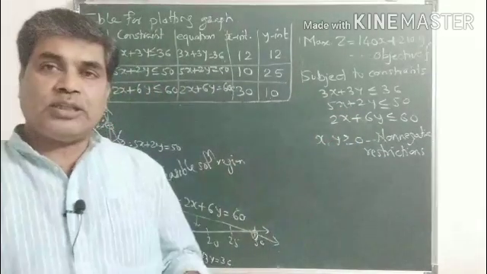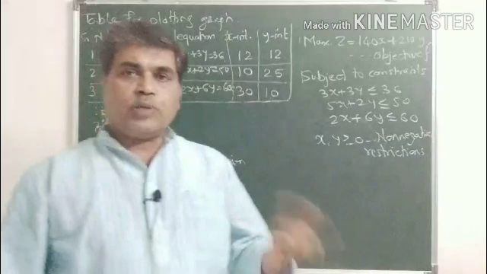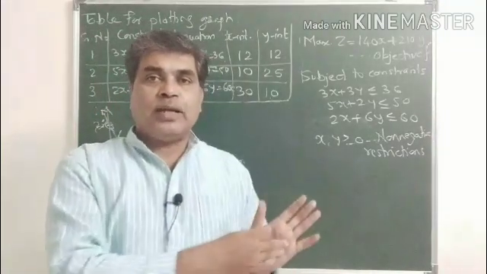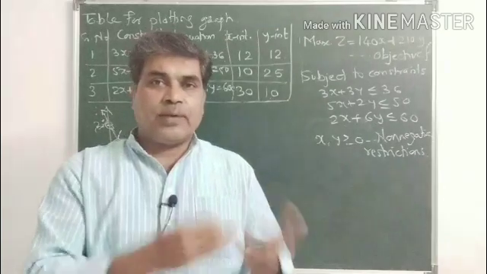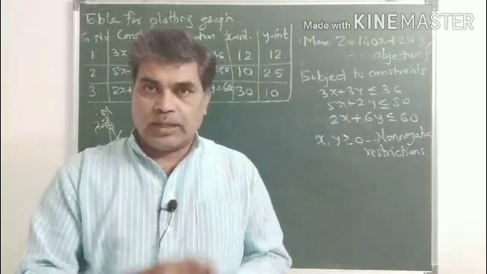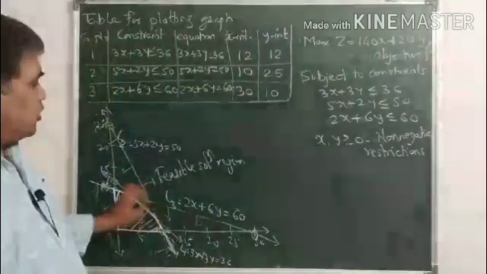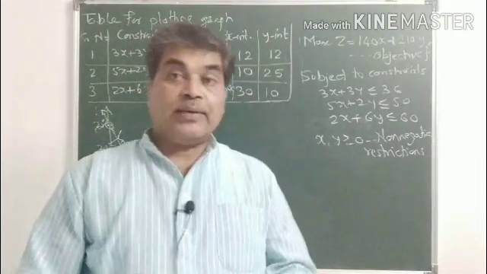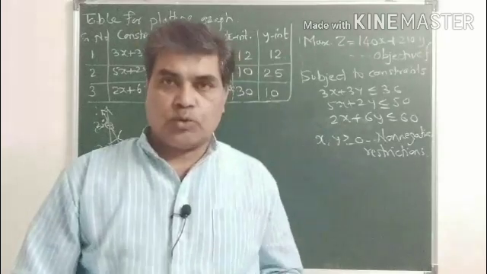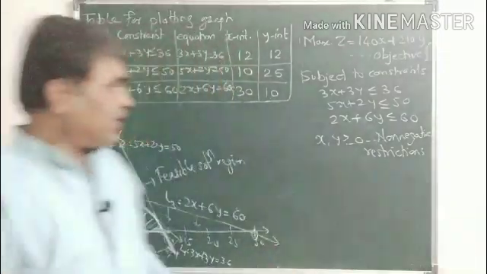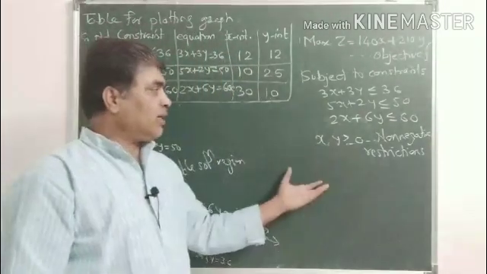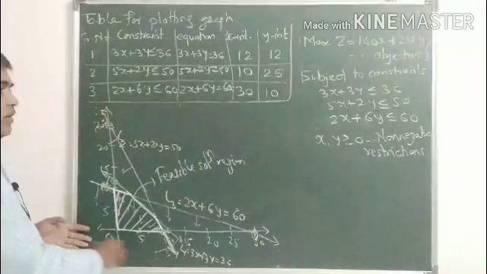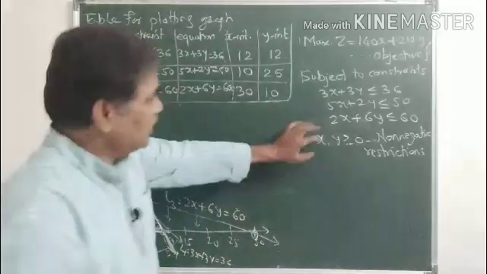In a feasible solution, values of variables may be negative, but in the feasible solution region, values of variables x and y are never negative. That's why the feasible solution region always lies in the first quadrant. It never takes points from the second, third or fourth quadrant. If x or y may be negative there, then you have to think about that region also. But as I have given here.